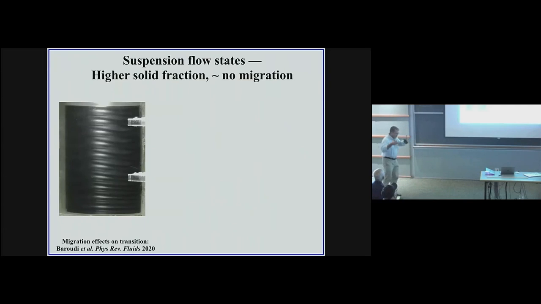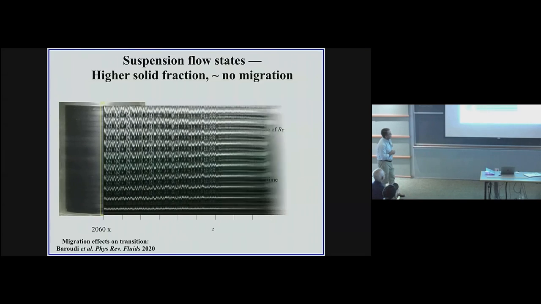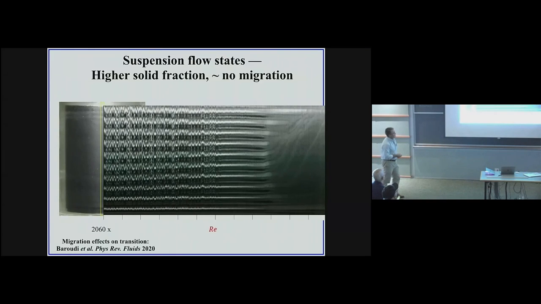We start off in the wavy Taylor vortex state, and then we down ramp with a slow decrease of the Reynolds number as a known function of time. And so here it is going down and down. We take pictures along this line, just a single pixel or 2 pixels, and then we project those out, and that becomes a spatiotemporal diagram, which gives us the Reynolds number dependence.